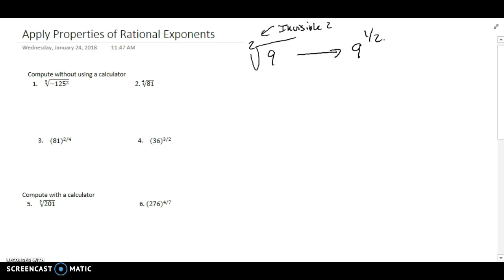So any root is actually a fractional power, and that's something that maybe should have been taught when you were first learning it. Any root is the denominator of a power.